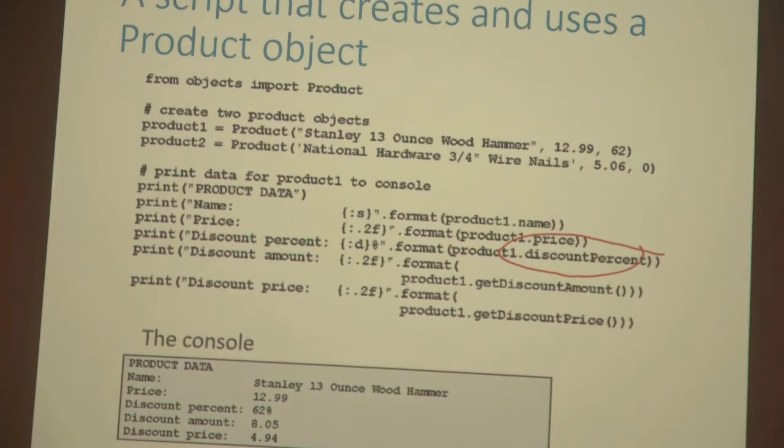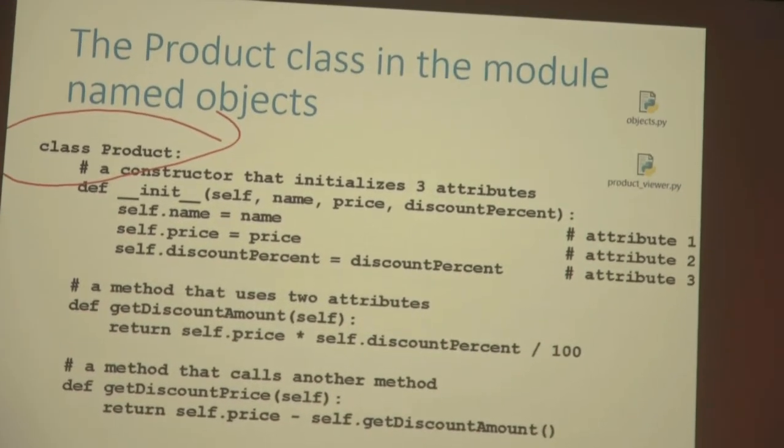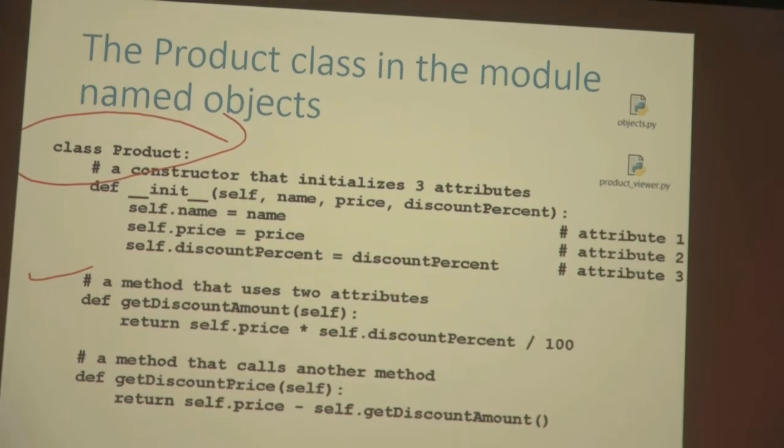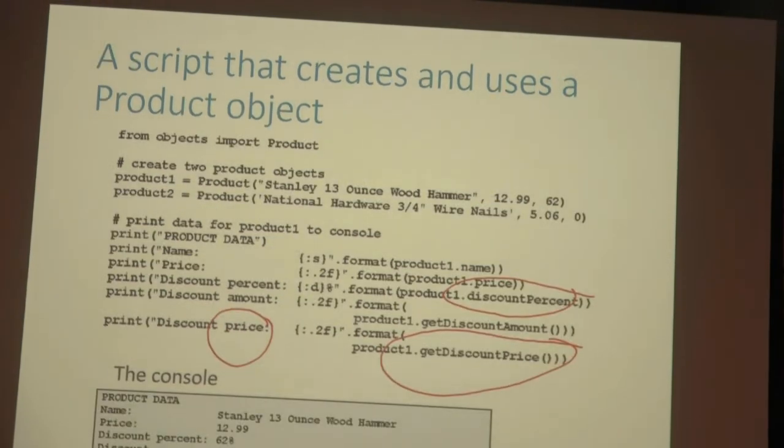And for the price, I called a method called get discount price, which was presented here. This is the first method, and this is the second method, right? Calling or executing this will give me the first thing I printed, which is the product data. Then the name, then the price, then the discount percentage, then the discount amount, then the discount price. We went through this print list.